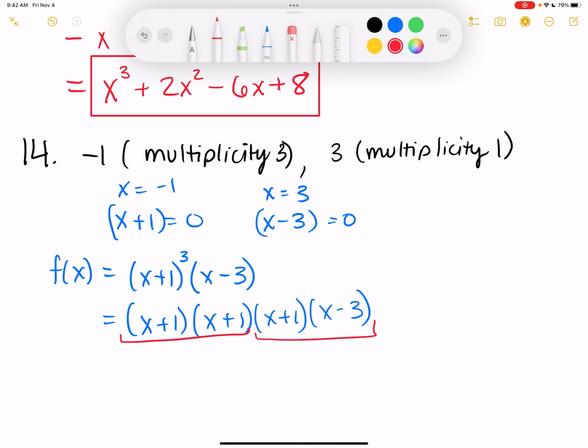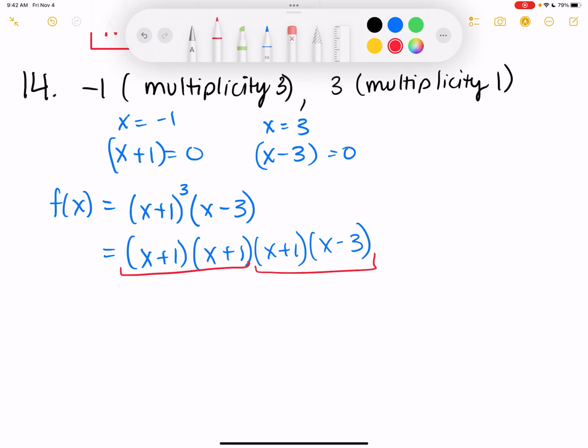So doing x plus 1 times x plus 1, that's a special type. What is that? X squared plus 2x plus 1. Yep, it's a perfect square trinomial. Then x plus 1 times x minus 3: x squared minus 3x plus x minus 3, which is x squared minus 2x minus 3.